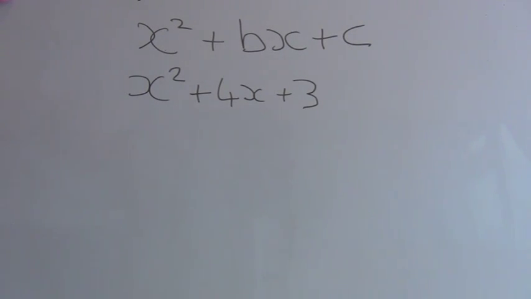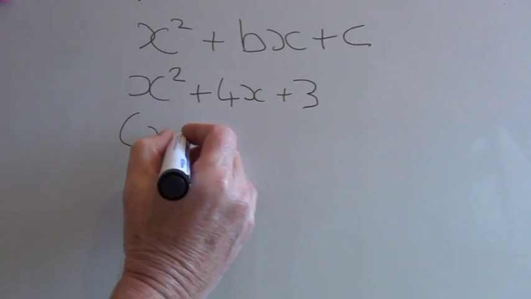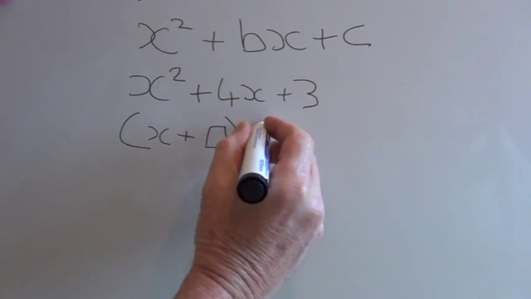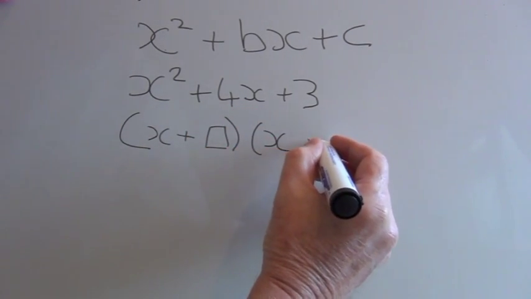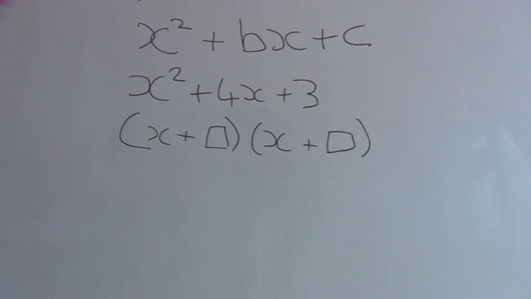Now, we wish to write this as a product of the form x plus a number, x plus a number, where the squares are to be replaced by whole numbers. So these missing numbers can be deduced by examining each of the coefficients.